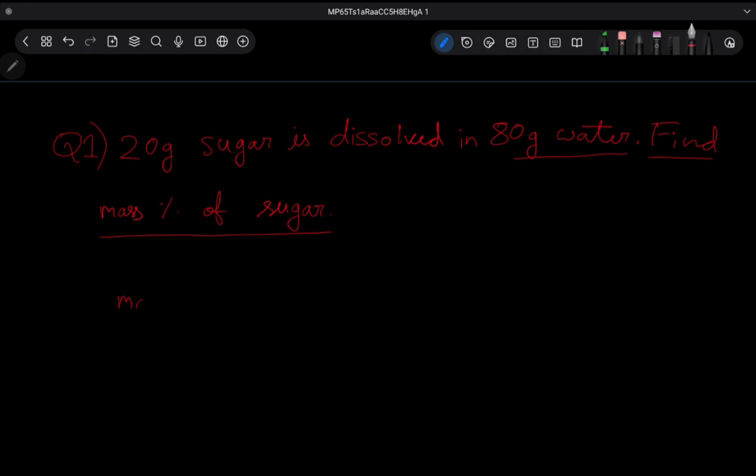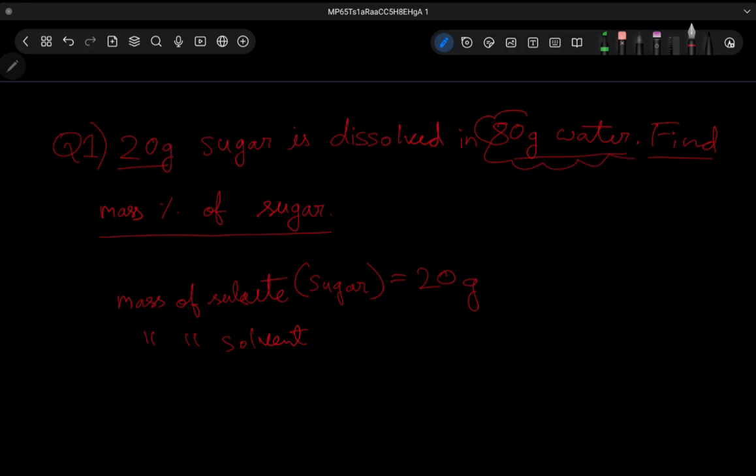So the mass of solute, which is sugar, is 20 gram, and the mass of solvent, which is present in the major amount, water, is 80 gram.